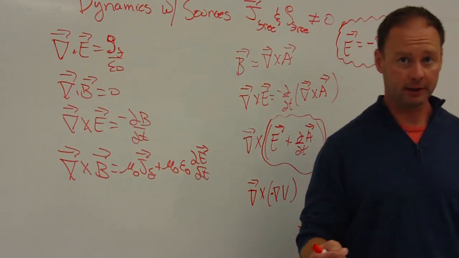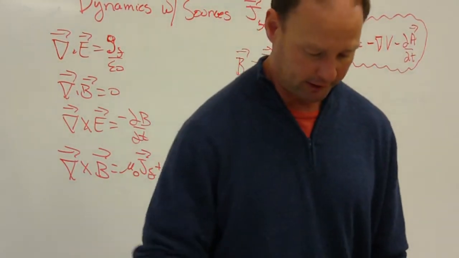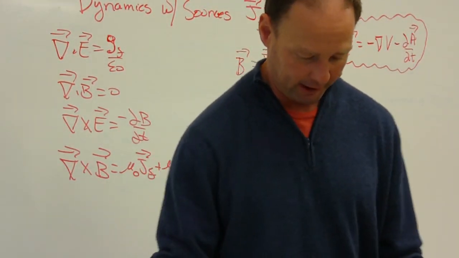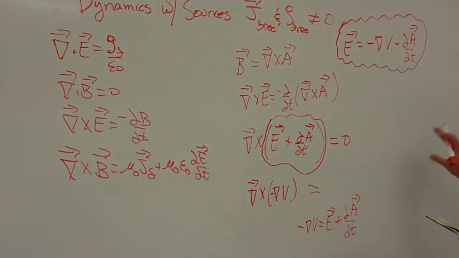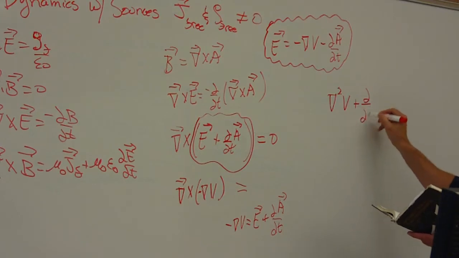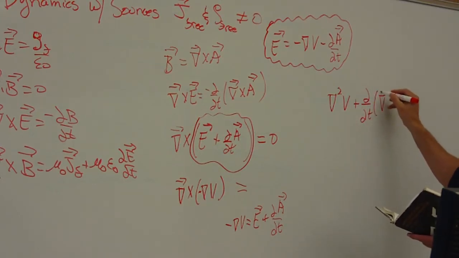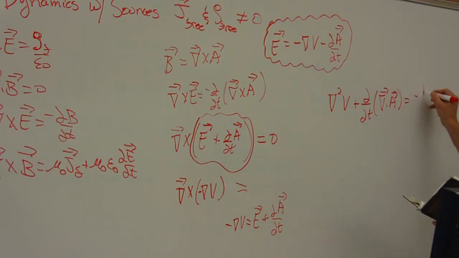Okay, remember we kind of came up with this? They are equations 10.4 and 10.5 in your book, and I will write them out as follows. This is the cleanest way to do everything. So del squared V, or the Laplacian of V, plus the partial with respect to t of the divergence of the vector potential has to equal minus rho over epsilon naught.